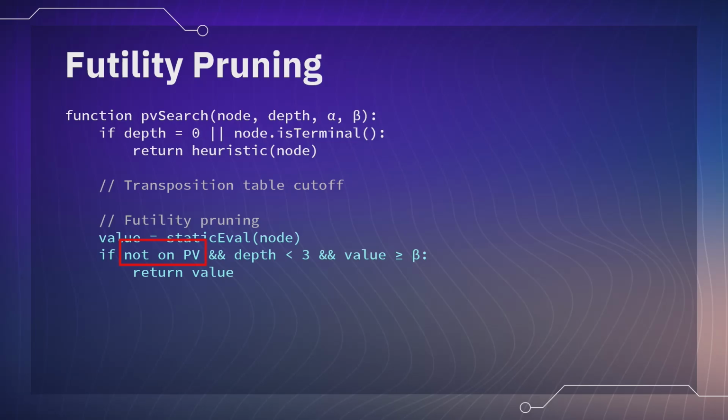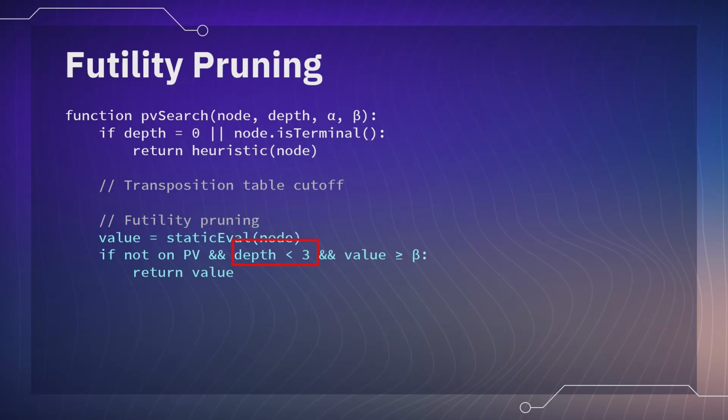When you're on a PV branch, usually the first move, or the branch where you're doing the full alpha-beta window search, you don't want to do early cutoff. Usually in the good branches, you want a full search. You only want to do cutoff when it's not a good move. The second condition is when depth is small enough. You don't want to cut off at a depth that's very large.